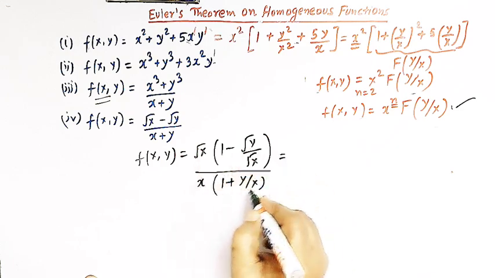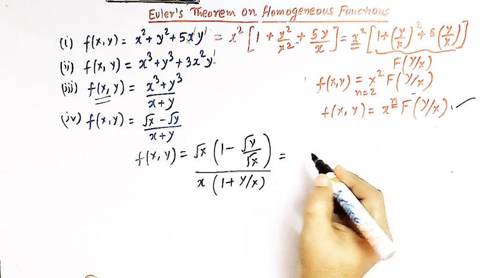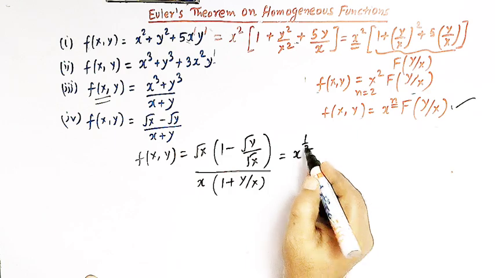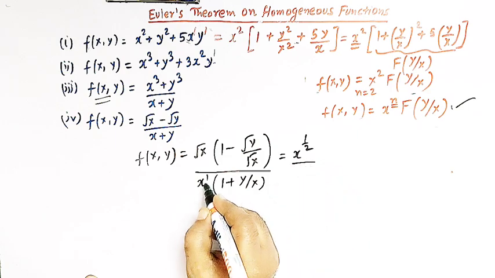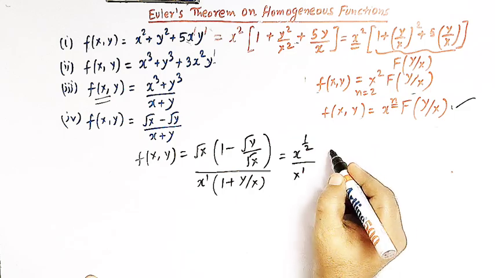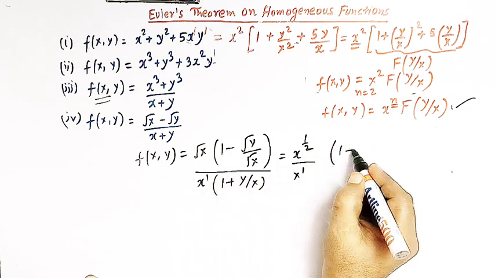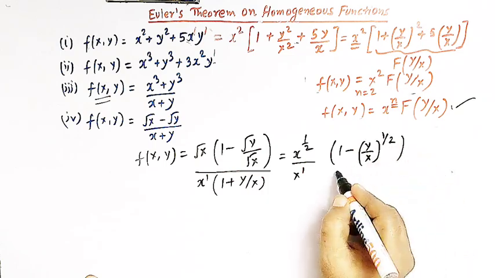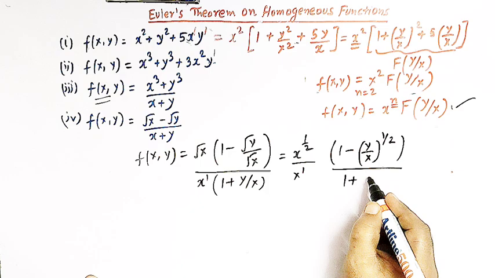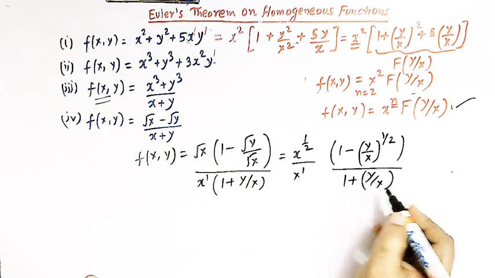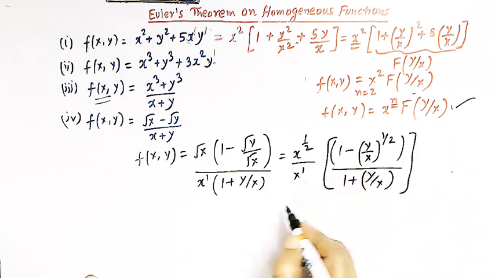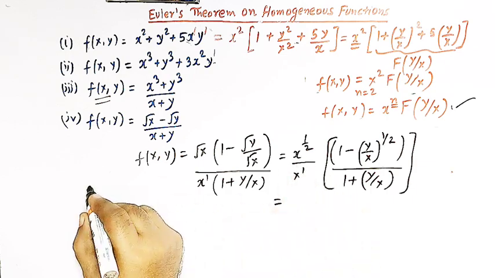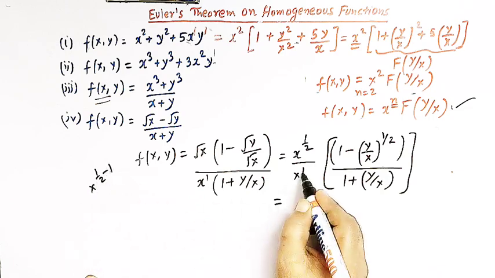So let us further rewrite this expression as x raised to half. This is root x, so x raised to half, and in the denominator we have x raised to 1, and then we can write 1 minus y over x raised to half, and here we have 1 plus y over x, right? So now, using the laws of exponent, we have x raised to half minus 1.